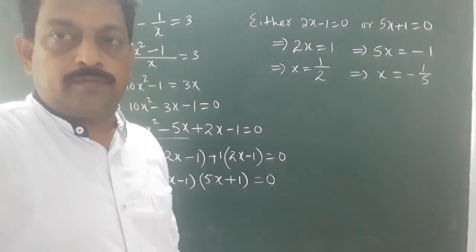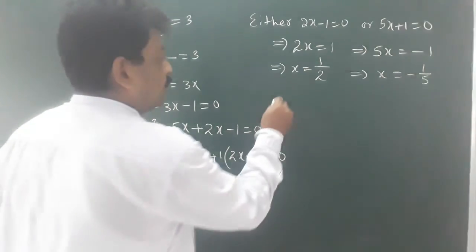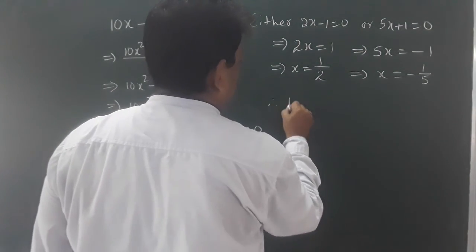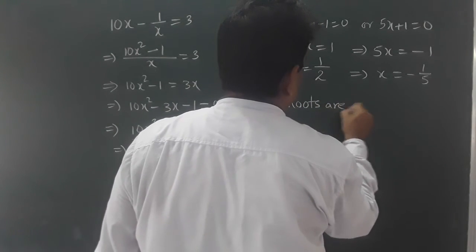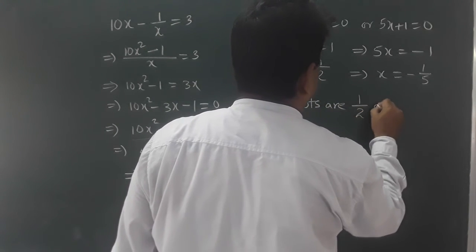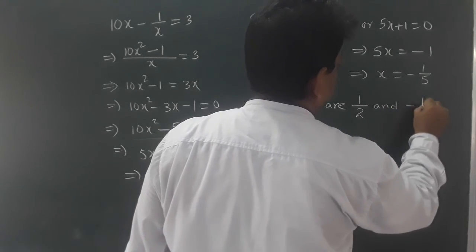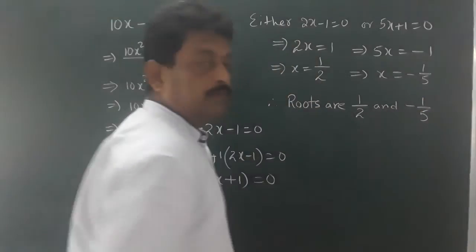These are the two roots. Okay, therefore the roots are 1 upon 2 and minus 1 upon 5. This is the answer.